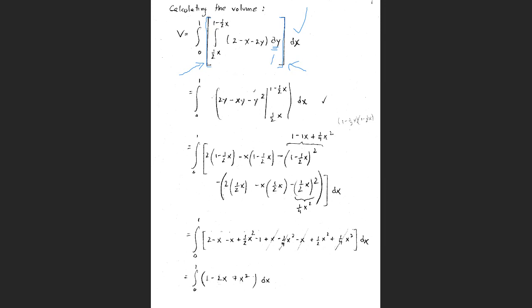When I integrate with respect to the variable y, what variable gets held constant? The x. That's right, Robin. And so the antiderivative of 2 minus x minus 2y would be 2y minus xy minus y squared. I treat the x like a constant. And then I'm going to substitute in my top and bottom limits, which are functions of x.